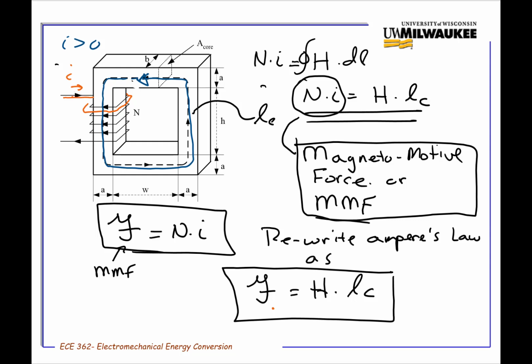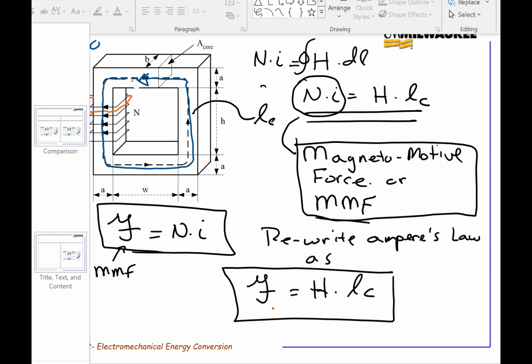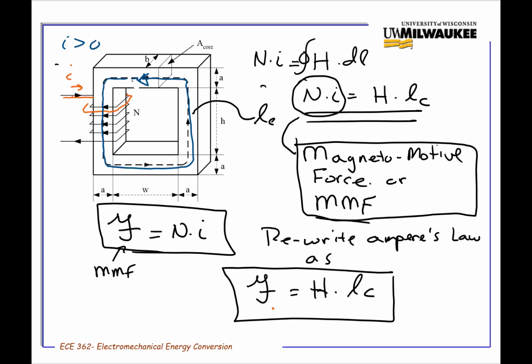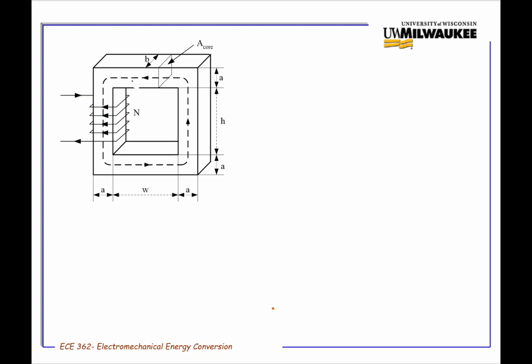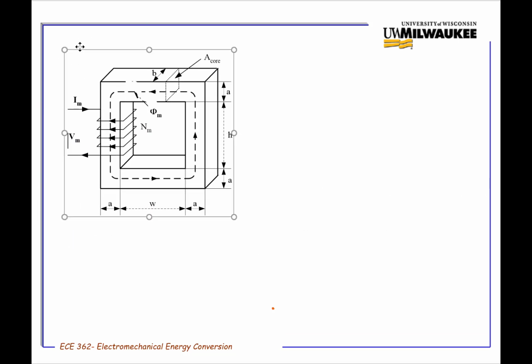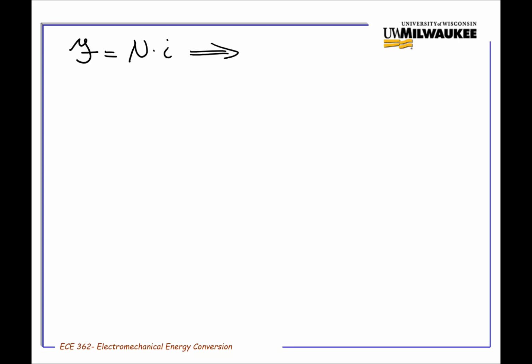Now let's take this a little bit further. We've introduced this term called MMF. That's equal to N times I. And for this structure here, I'm going to copy this, put it here.